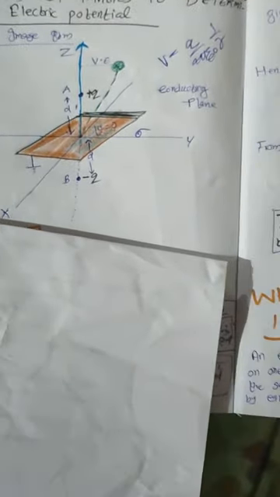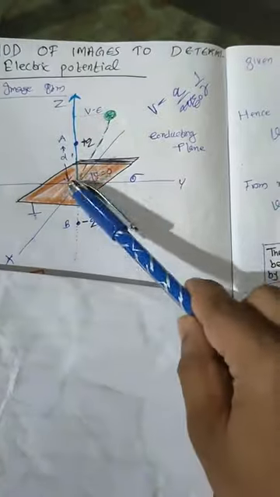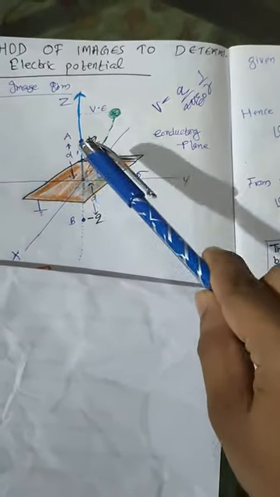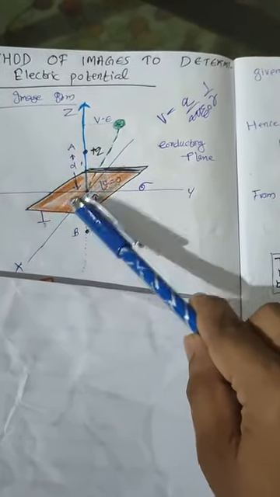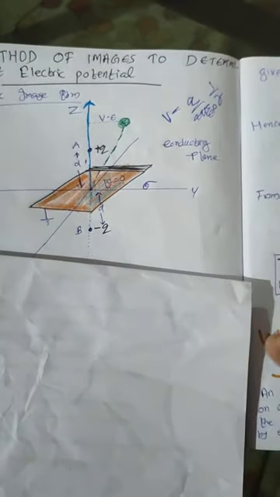So we are going to examine one of these cases. We have an infinitely spanned plane placed along the xy axis, so it is parallel to the xy plane.